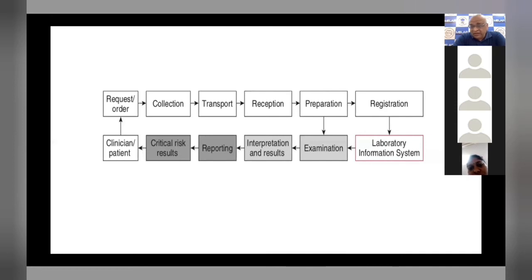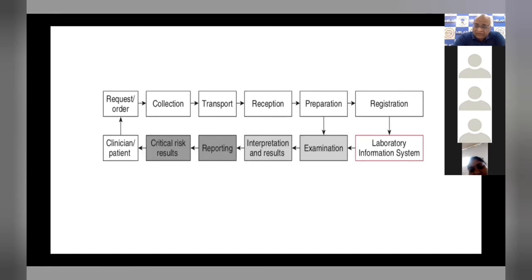There they register these samples through their laboratory information system and perform tests by appropriate methods. Then results are interpreted and released. If there is some critical result which requires immediate therapeutic intervention, it is informed to the clinician immediately. Now, this is the flow chart being followed in each and every laboratory.